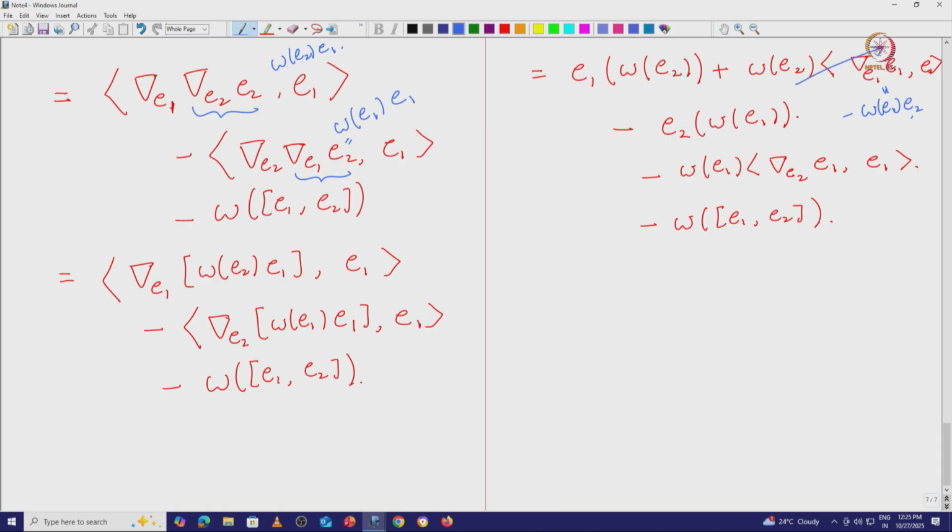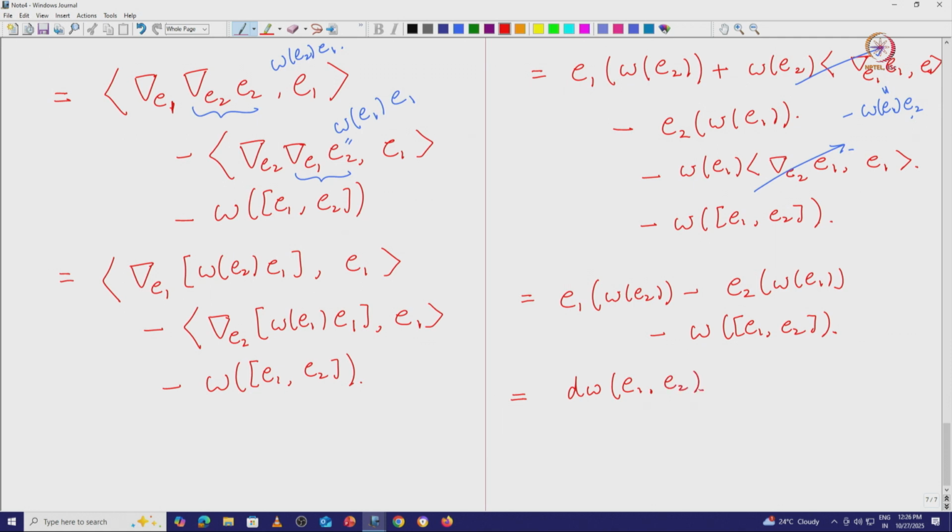So this term is going to cancel out, similarly this term is going to cancel out, and you are going to be left with E1 of omega of E2 minus E2 of omega of E1 minus omega applied to the Lie bracket, right. But then by the intrinsic definition of the exterior derivative, this is precisely this. Okay, so that proves the second part, and hence this completes the proof of the local Gauss-Bonnet.